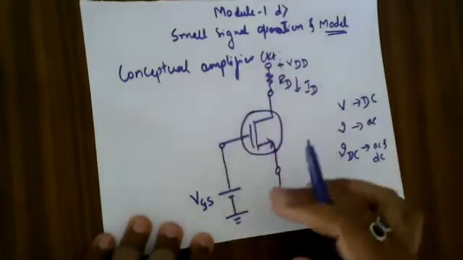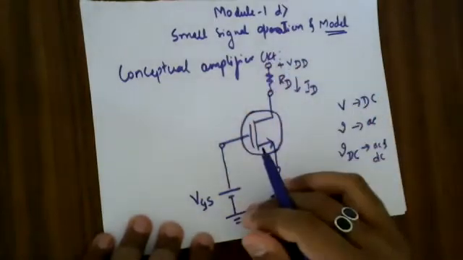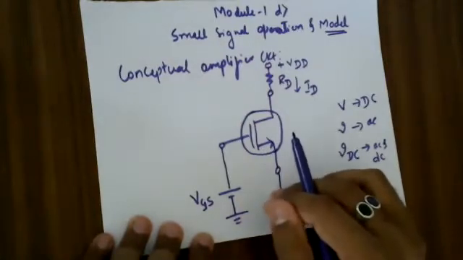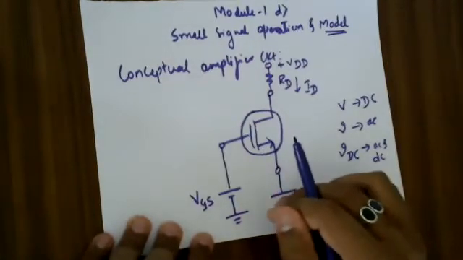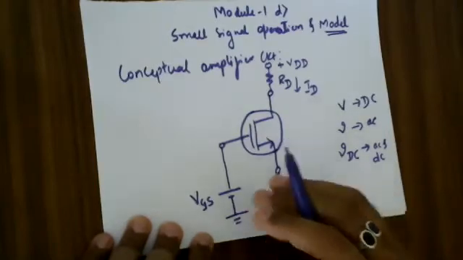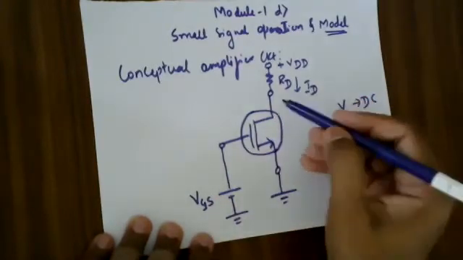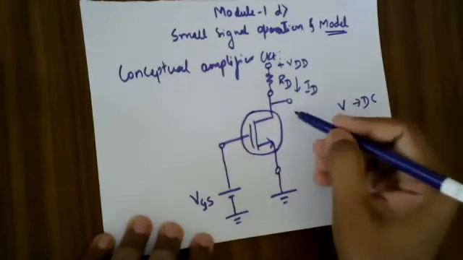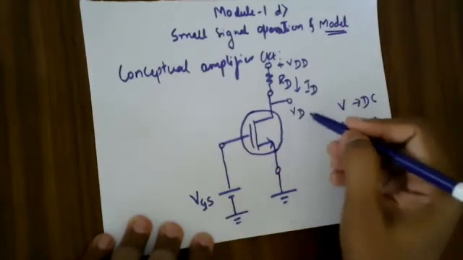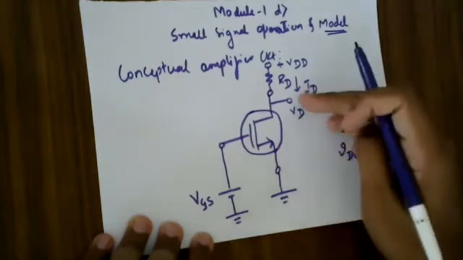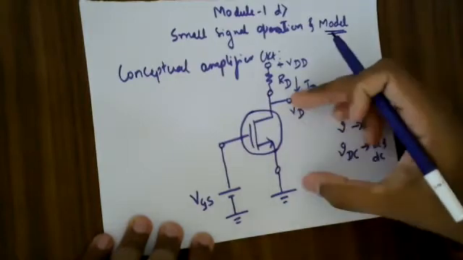This is how I have my DC circuit, which sets the Q point or operating point for my MOSFET. Now I want to apply an AC signal which has to be amplified at my drain terminal. This is my VD, the output, where I measure the potential at this terminal with respect to the ground.